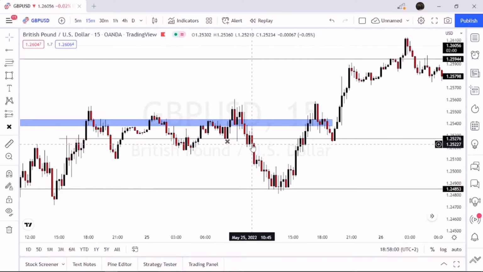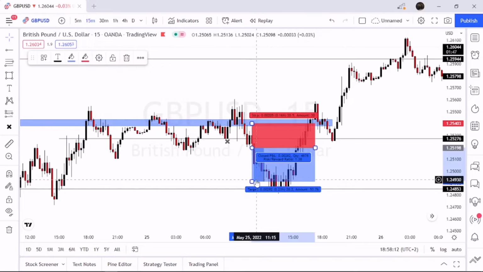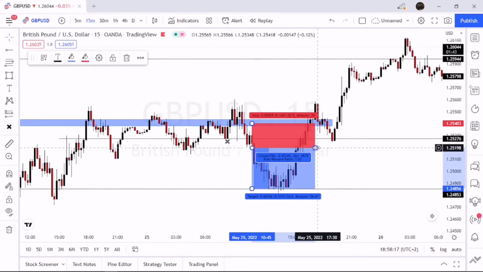So from this bearish candlestick close, I was like, I'll put a sell stop at this point with the stop loss just above here, and my first targets were somewhere here.